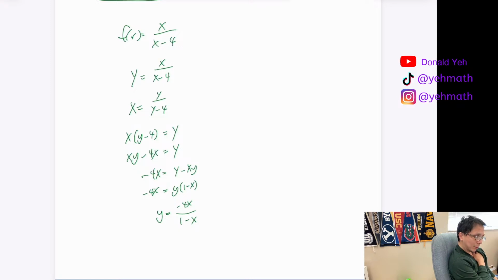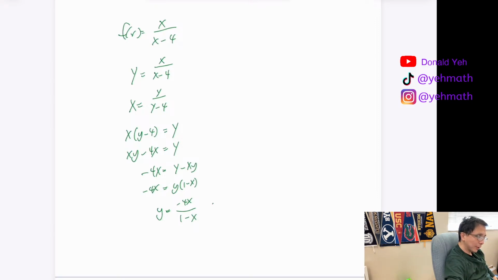Yeah, that's correct. Hold on, let me double check my math. So you could have 4x over x minus 1. You can have that. Okay, that's how you find the inverse.